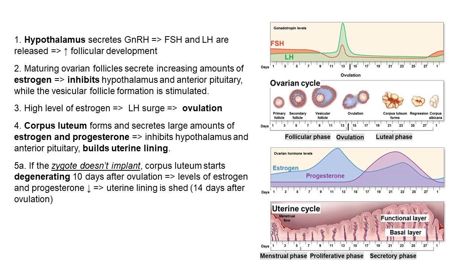Here's another change in the notes, make sure you get that. If the zygote doesn't implant, I think it says if the egg is not fertilized, that's when you're going to shed the cycle because the corpus luteum plays out.